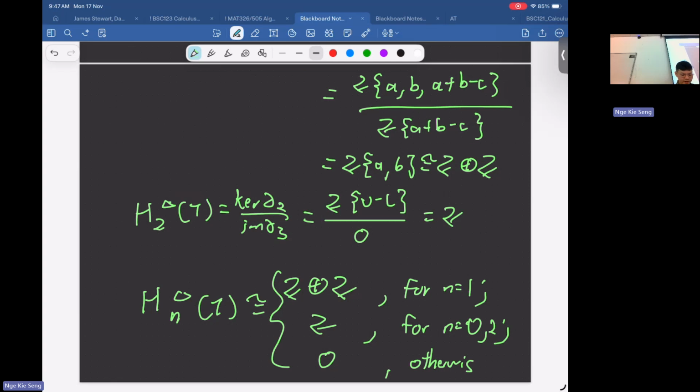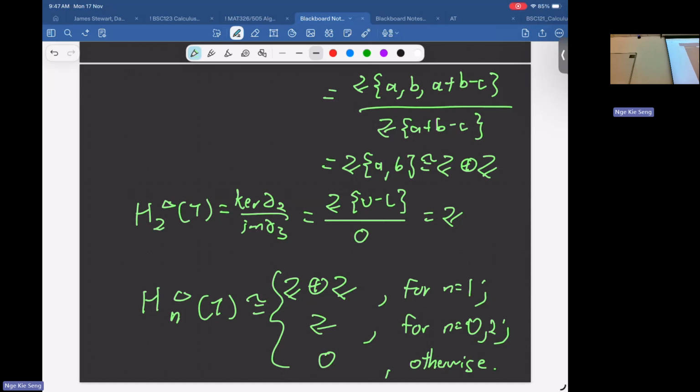Okay, so again, you can link this back to pi n of the torus, which means there are two one-dimensional holes here, and then one zero-dimensional hole and one two-dimensional hole. The zero-dimensional hole, we think of it as a path-connected component. Everything is path-connected there, so there's only one path-connected component.